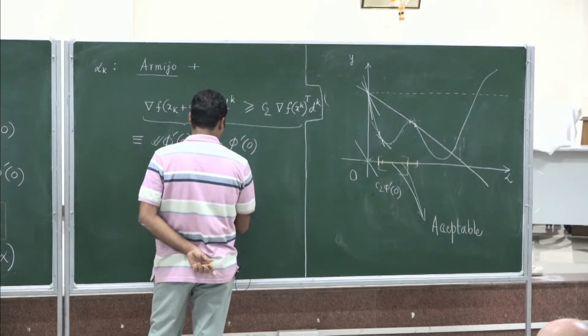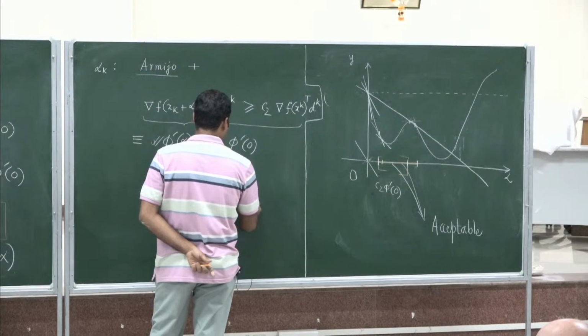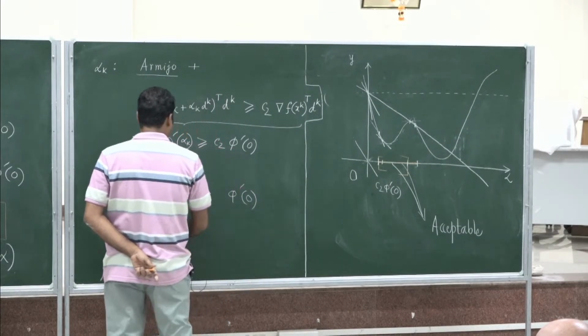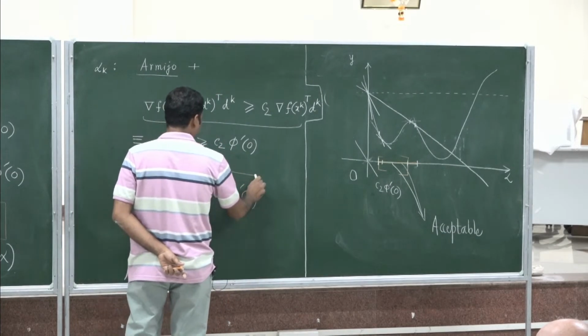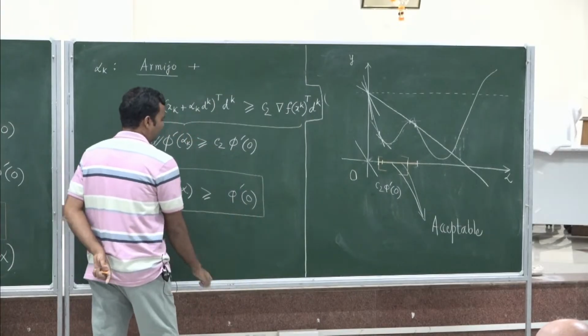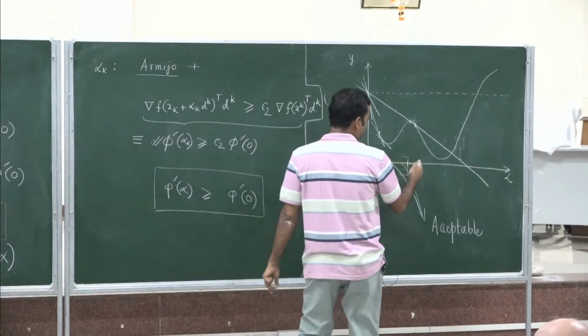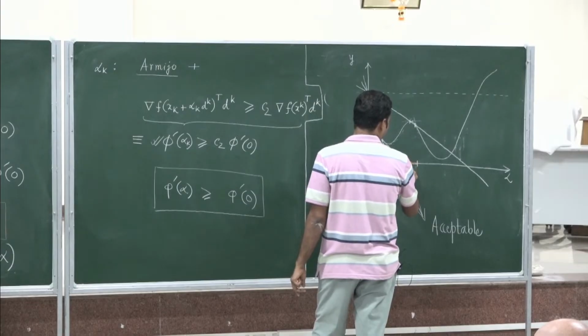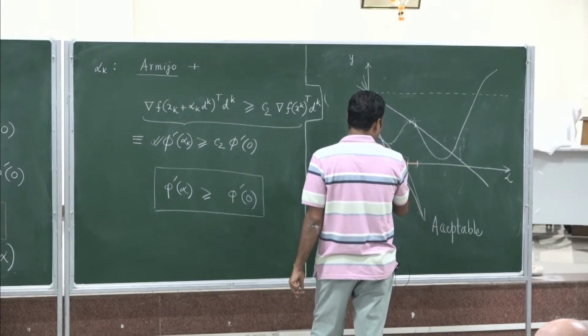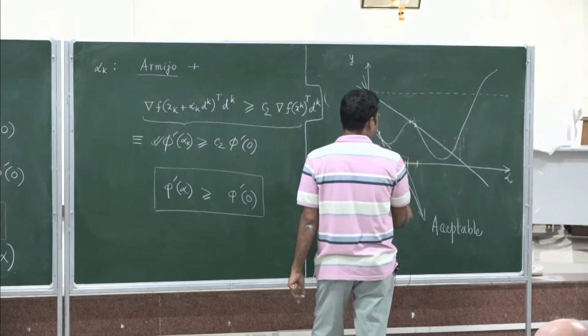So then it will be simply like phi dash 0 if I consider, and then this region consists of substantially larger values of alpha which are not very close to the minimizer.